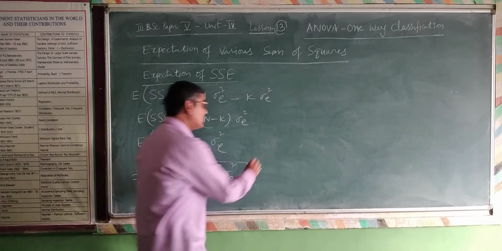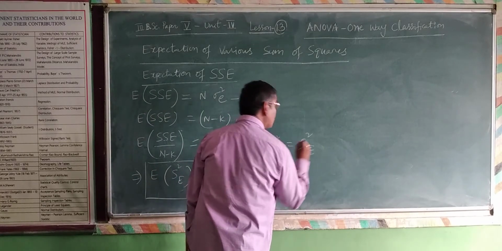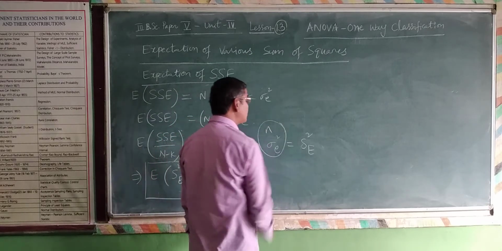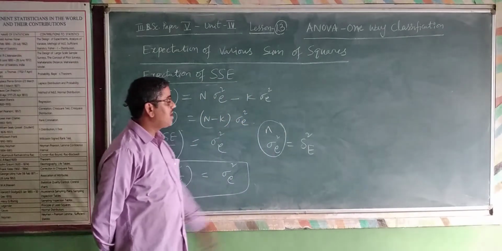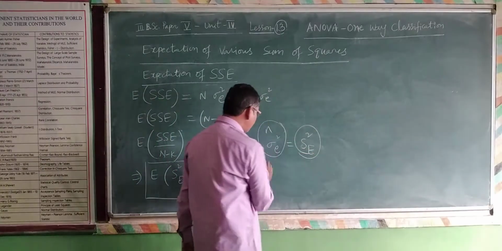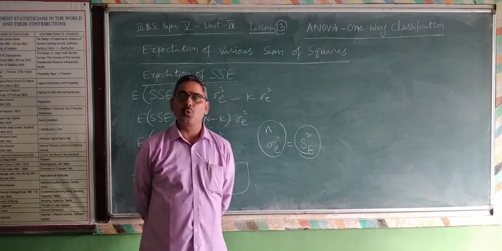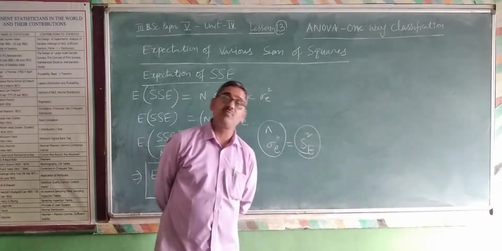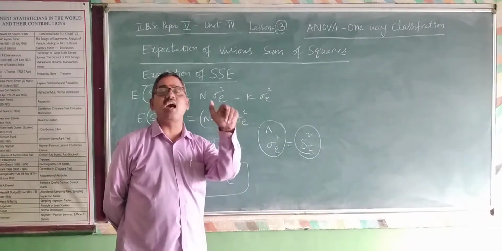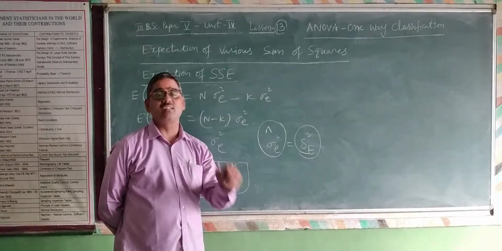That is, s square e is an unbiased estimator of sigma square e. Whenever you want to estimate sigma square e, we can estimate it with s square e. The mean sum of squares due to the error is an unbiased estimator for sigma square e, that is, the error variance of one-way classified data.